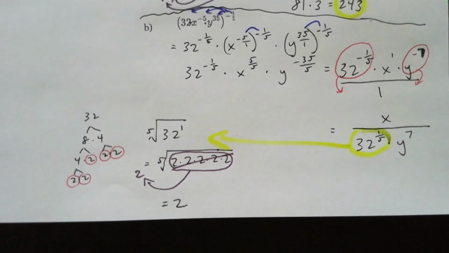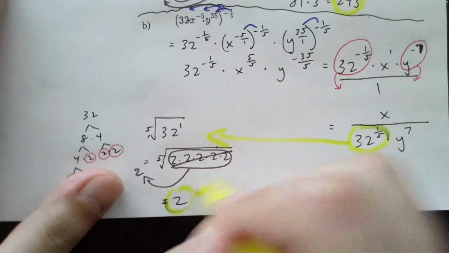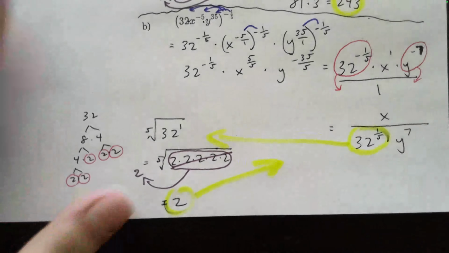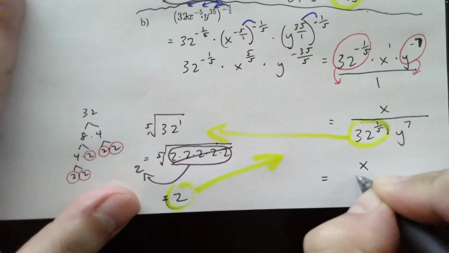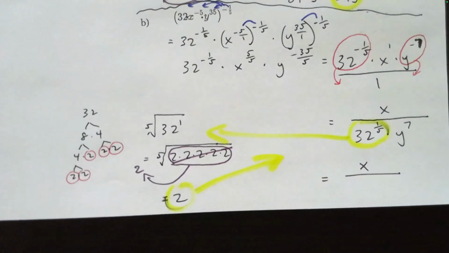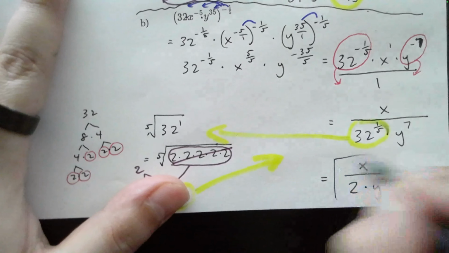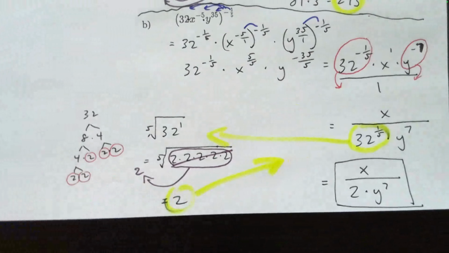Last step, move it back. I get x. Instead of 32 to the 1/5, I know that number is now 2. It reduces to 2. y to the 7th. Done.